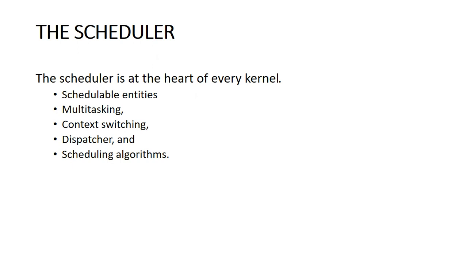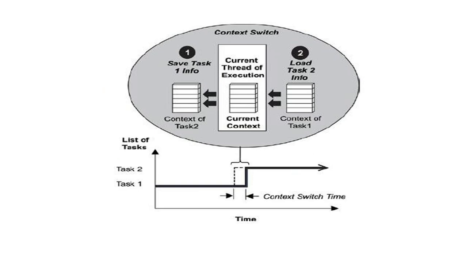So: schedulable entities, multitasking, context switching, dispatcher, and scheduling algorithm. The scheduler in each kernel follows a set of algorithms and determines which task has to be executed. Which tasks have to be done and how they have to be done is what the scheduler decides.